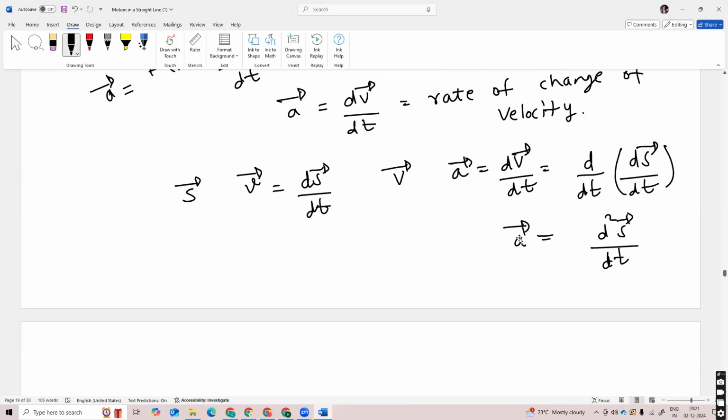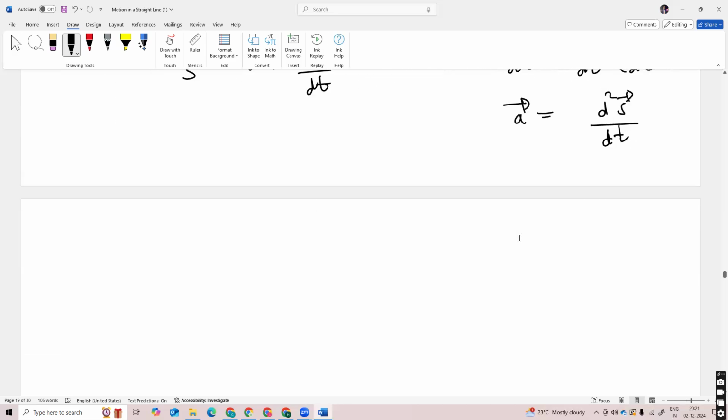This concept will help you in understanding maxima and minima, which I taught you in basic mathematics class.